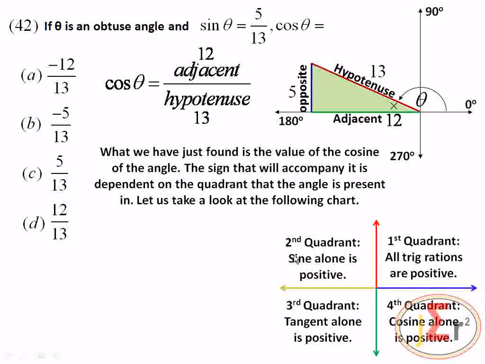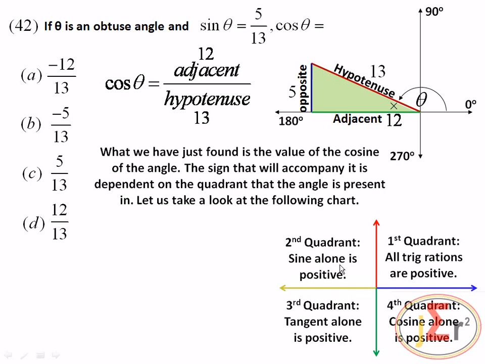This one is the second quadrant, where sine alone is positive. In the third quadrant, tangent alone is positive. And here, the fourth quadrant, cosine alone is positive. We are in the second quadrant where sine alone is positive.